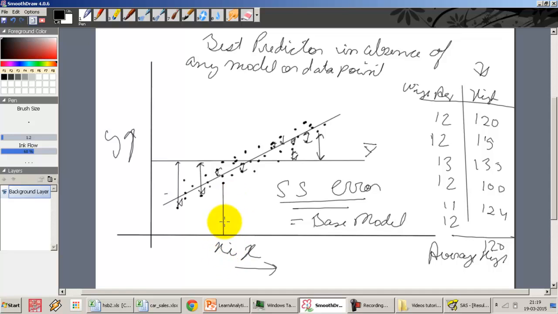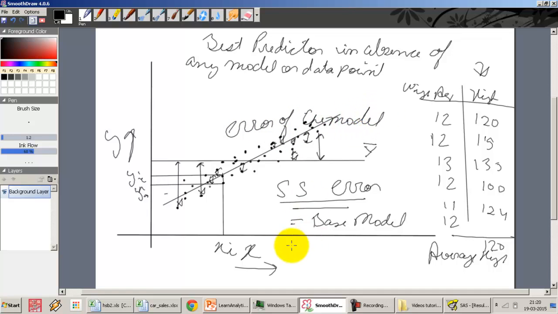So I put xi into the formula. Based on this line, xi is going to predict yi hat, and this is the actual height of the student, which is yi. So the error term is this distance. And similarly, for each of the observations, I get another error term. So this is the error of the model.